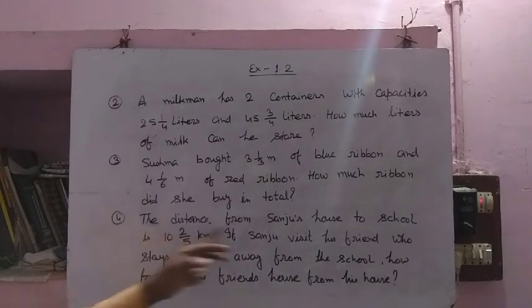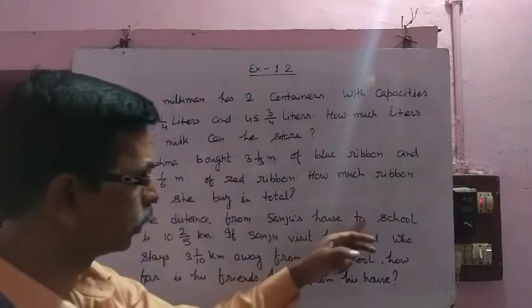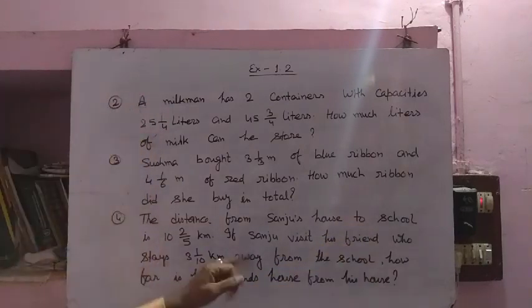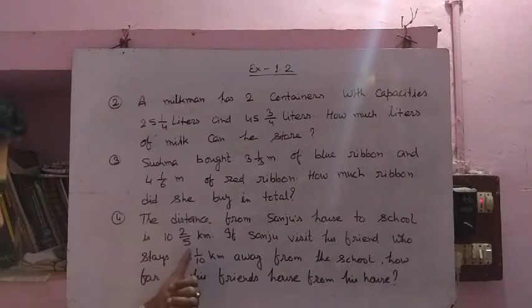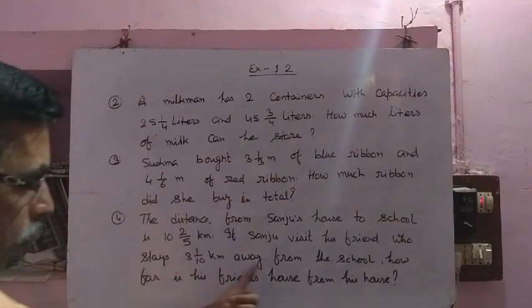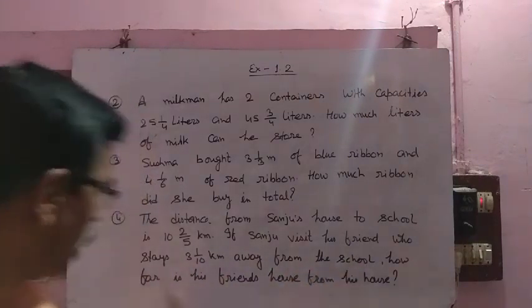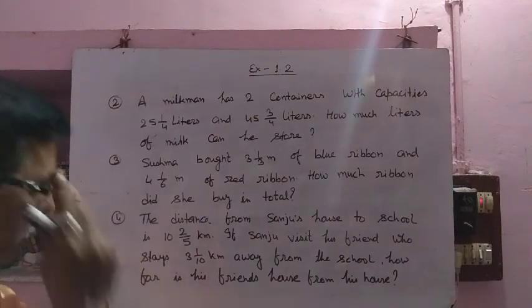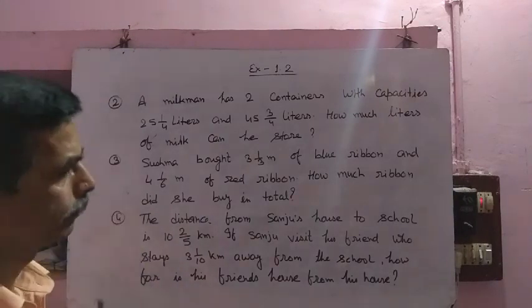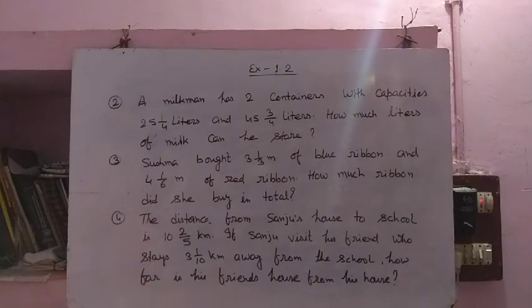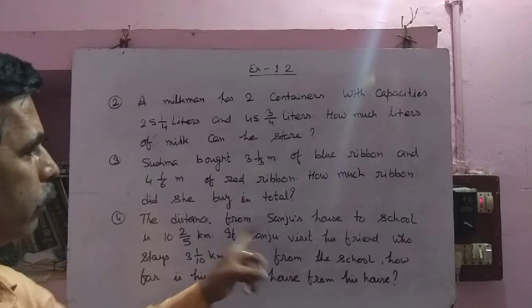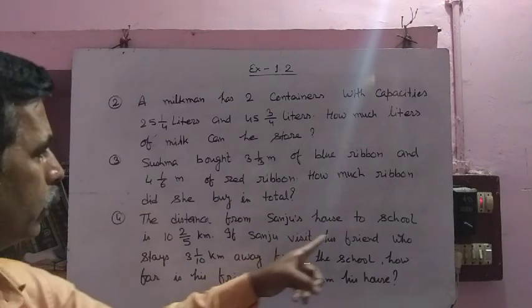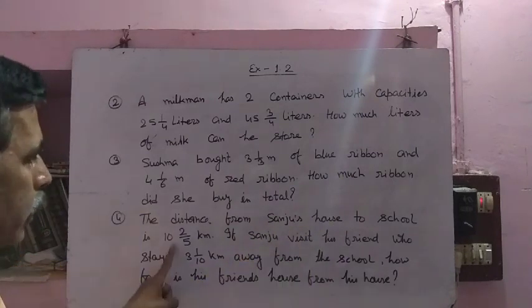The next one: the distance from Sanju's house to school is this much kilometer. If Sanju visits his friend who stays 1 by 10 kilometer away from the school, how far is his friend's house from his house? So you can write the statement like: the distance from Sanju's house to his school is this much kilometer.